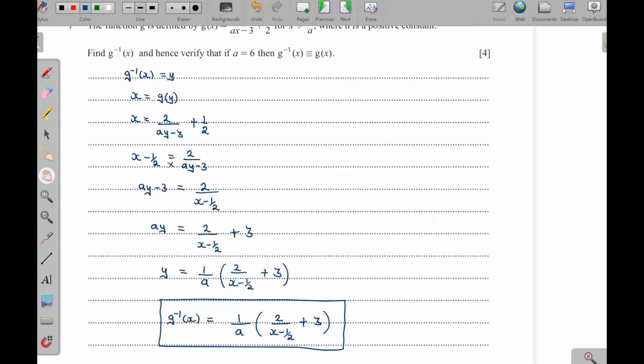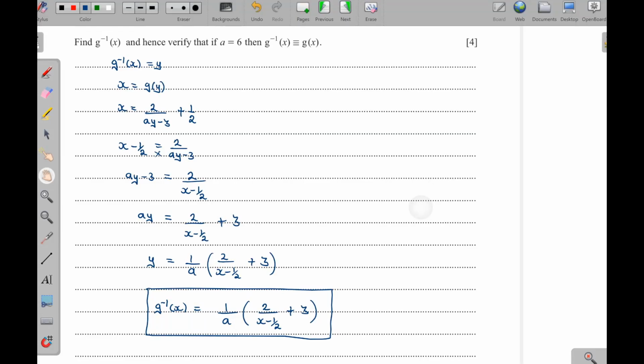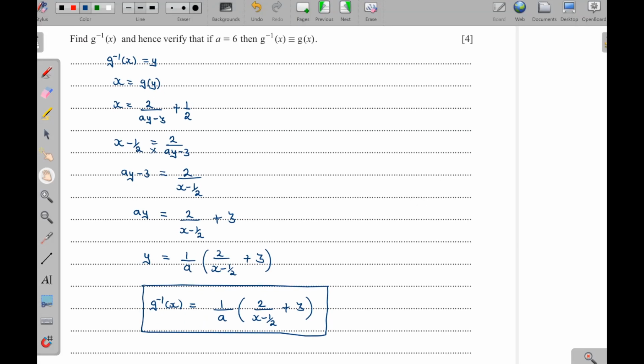Then they said that hence verify that if a is equal to 6, then the g inverse is equal to the g of x. Okay, now let us put the value of a here, and then we see what we get. So for a equal to 6, now we substitute.